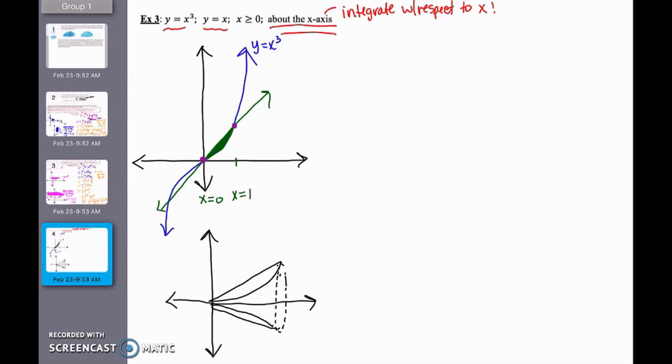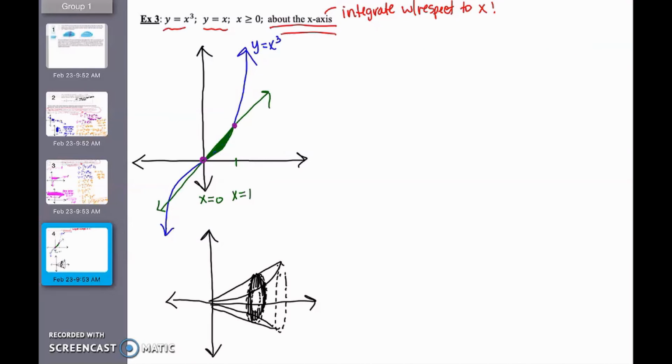But it's not going to be filled in because you notice here that we've always got this hole in the middle because our shape doesn't go all the way down to the x-axis. So this is going to create what we call a washer. Right?